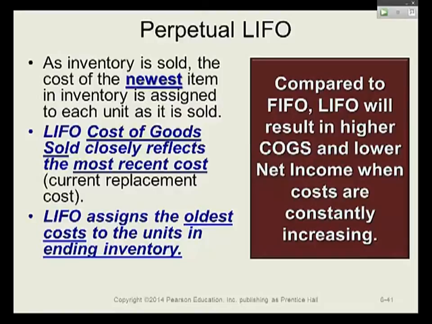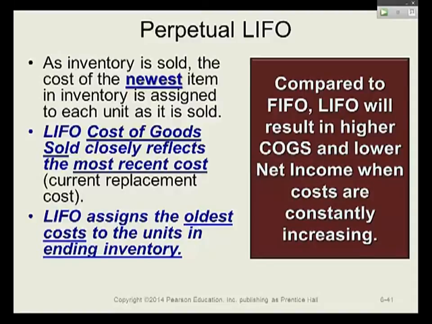Now, I'm going to tell you why it is popular in the United States. LIFO is popular in the United States because it is a tax method. Now, as I said, we're not going to do much tax, but it is a tax method, and that's what increases its popularity. So for any major in finance or management, if you're managing your business and you could choose the LIFO basis, and if prices are rising, what does it mean?